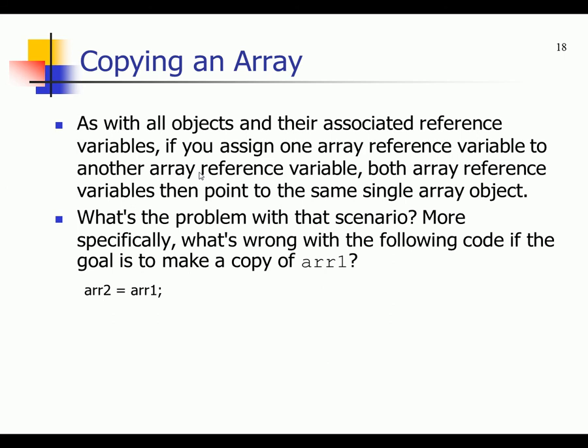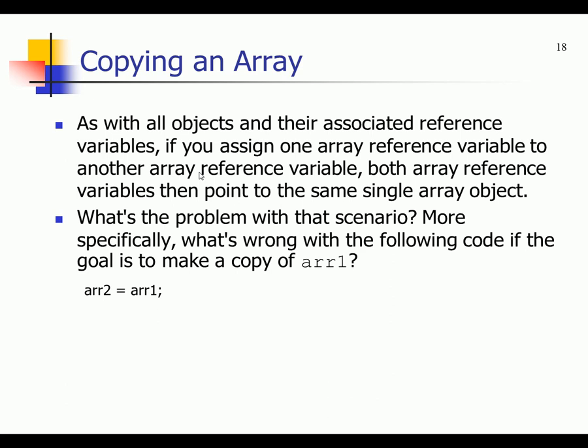It says, as with all objects and associated reference variables, when you assign one array to another, both array objects point to the same thing. Are you really copying it? So in this code here, say array 1 has something in it. Say array 1's full of names or numbers or something. Then if we say array 2 is equal to array 1, what actually happens? It mimics the data that's in there, puts data in each slot?